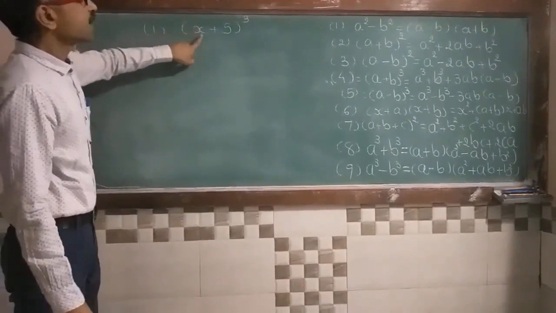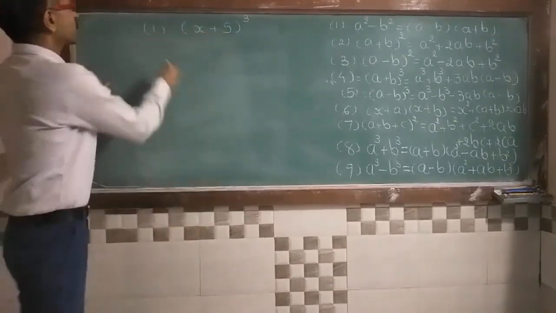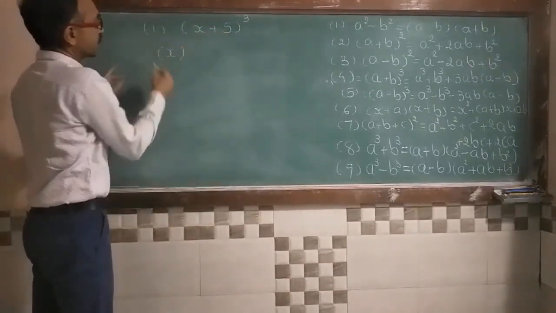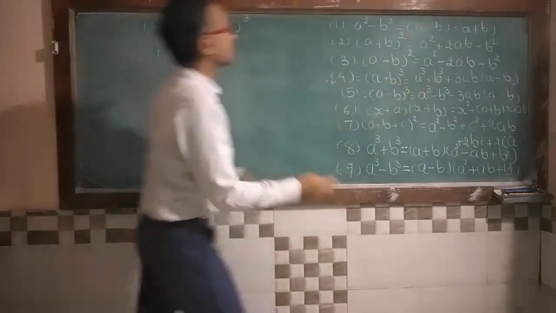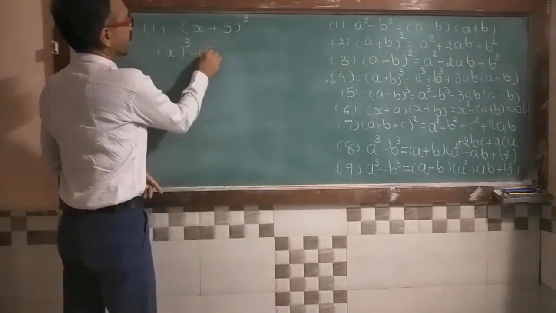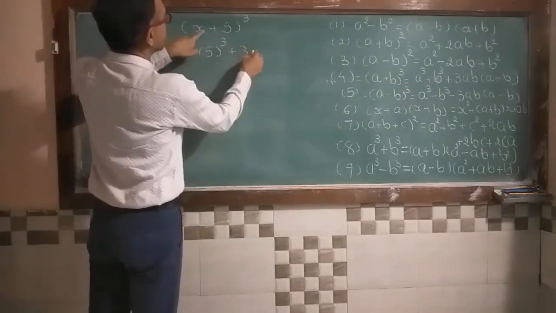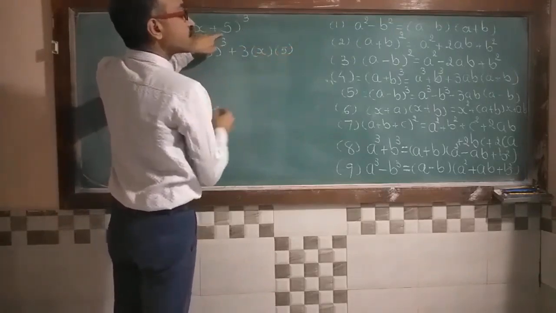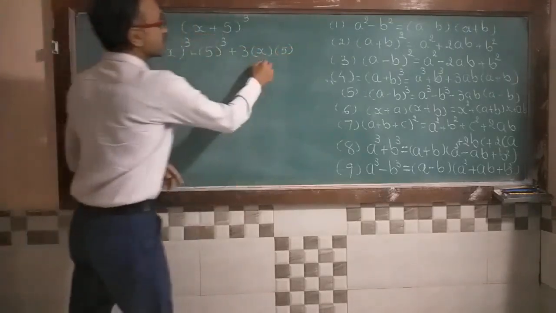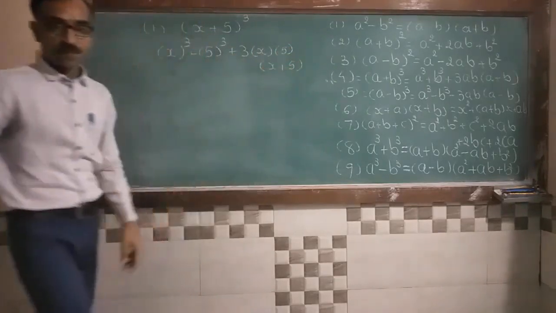Then see, a is equal to x and b is equal to 5. So the answer is a cube, that means x cube, then b cube, that means 5 cube, plus 3ab, that means 3 into x into 5 into x plus 5.